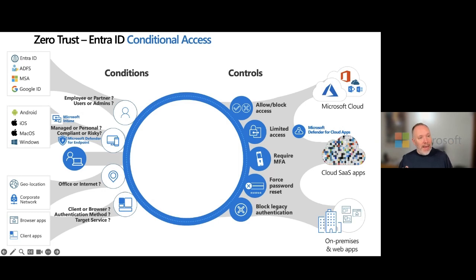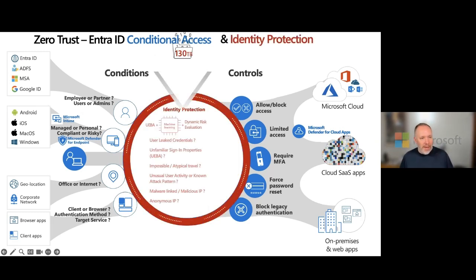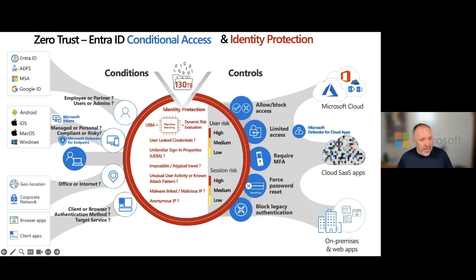So what you see right now here is your standard conditional access as it comes with P1 licensing. So if you have an E3 license, you have P1, etc. This is your standard conditional access. Now we're going to add the identity protection on top of it. And you can see that suddenly this engine that makes decisions based on the conditions has additional conditions which are a little bit less fixed.